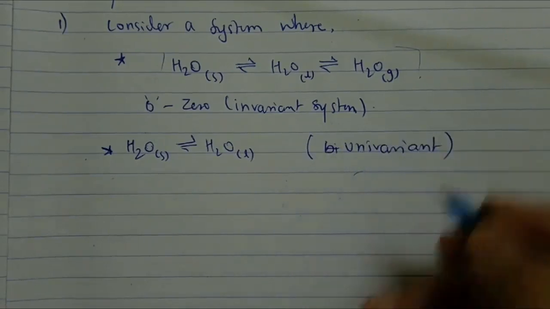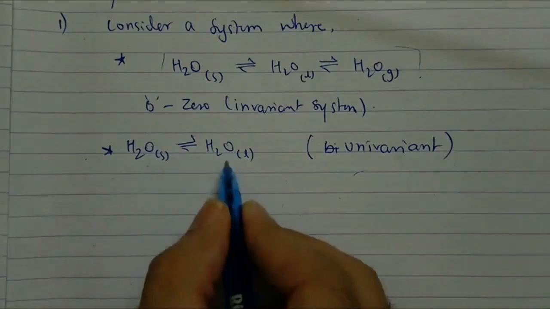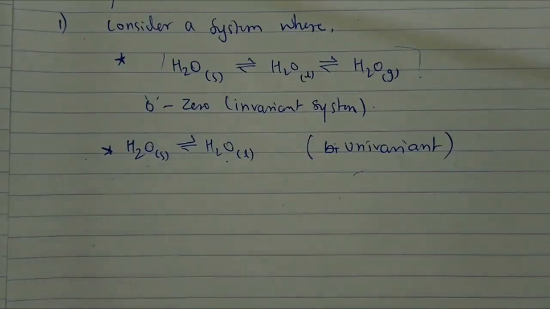Why univariant? Because it is in equilibrium. Here you have to specify either temperature or pressure to describe this system. Okay, so to describe the state of the system, we require the temperature or pressure.